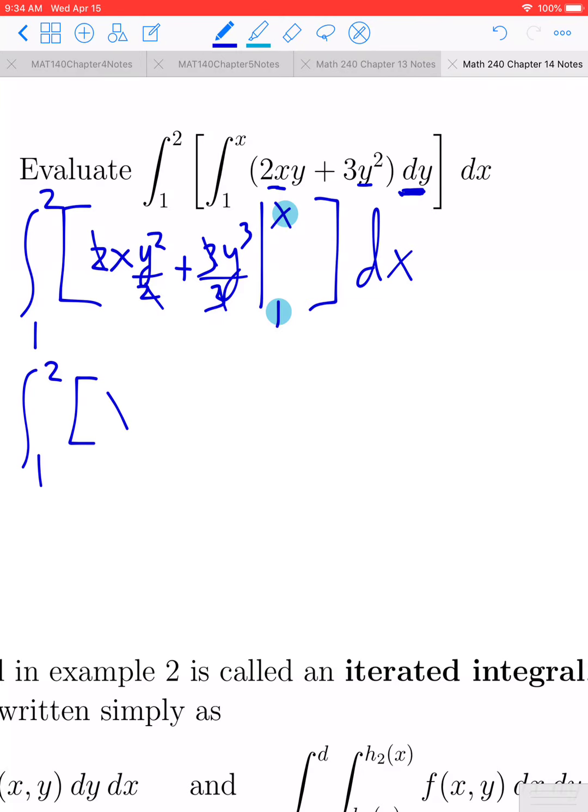So it's going to be x times x squared plus x cubed, subtract, and now I have to substitute in the lower limit of integration, x times 1 squared plus 1 cubed.